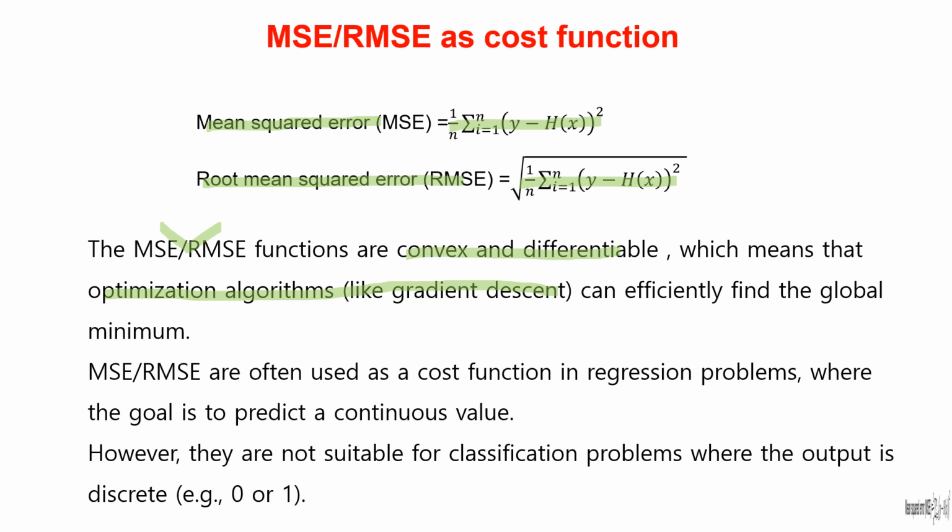Therefore, MSE and RMSE are commonly used as cost functions in regression problems, where the goal is to predict continuous values. However, they are not suitable for classification problems, where the output consists of categorical data. In such cases, a different loss function is required.